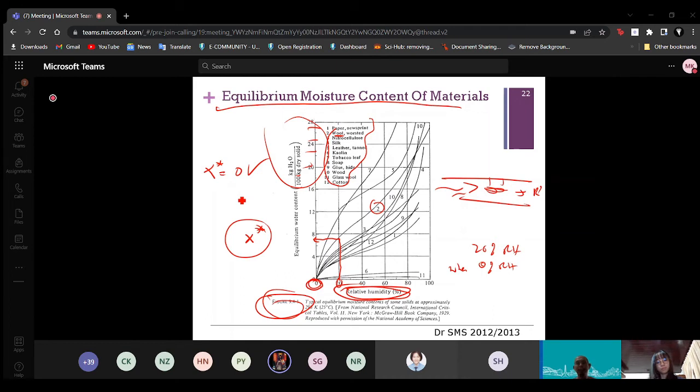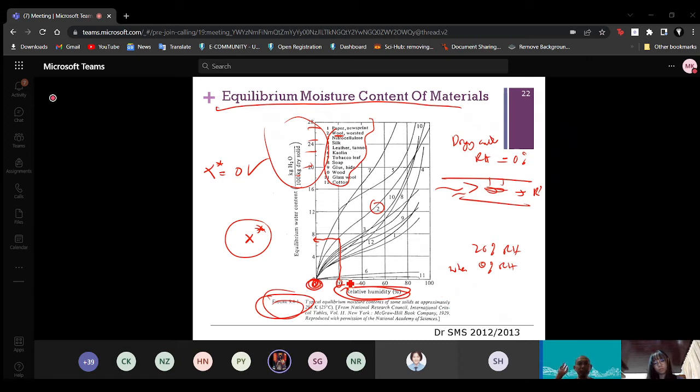So this means if you want to completely remove all your moisture, you make sure that your drying condition relative humidity is always at 0%. That's it. Because at equilibrium there is no moisture content at all, so you can remove everything.